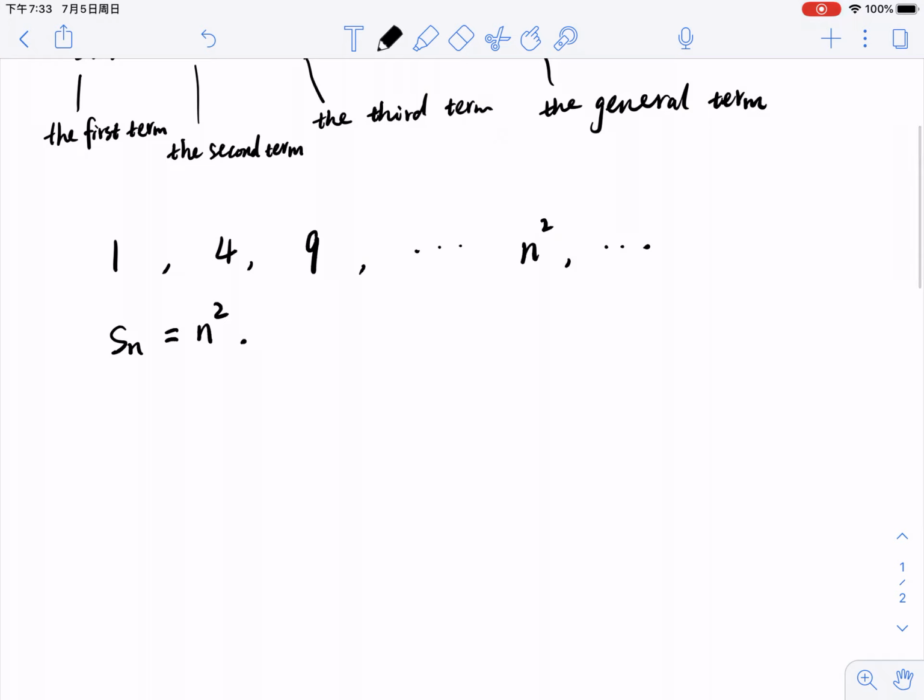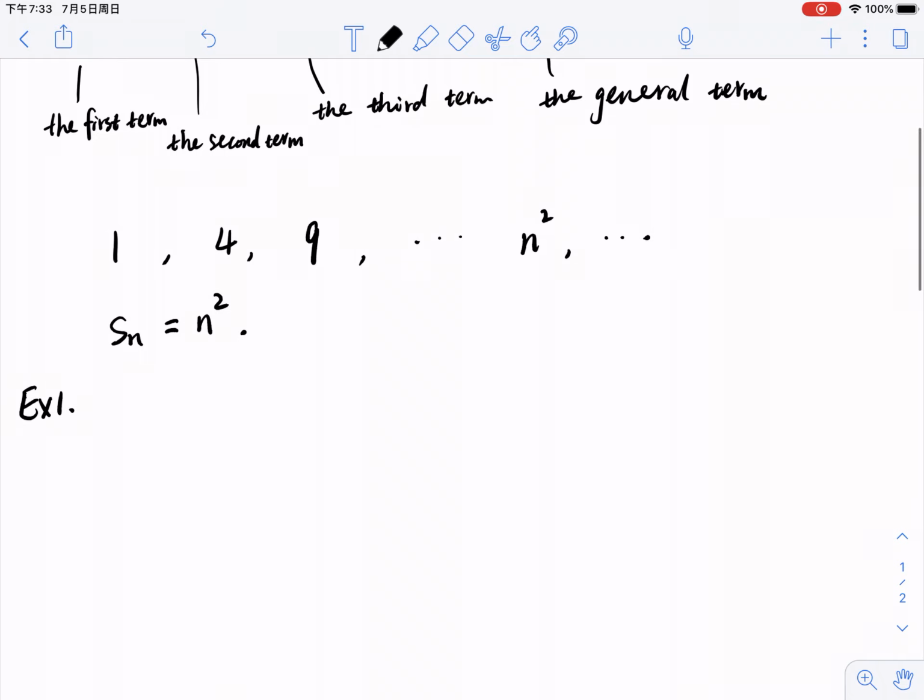So next, we do some simple examples. First example, we give you the general term Sn is -1 to nth power. Then you are asked to give the first 4 terms of this sequence.